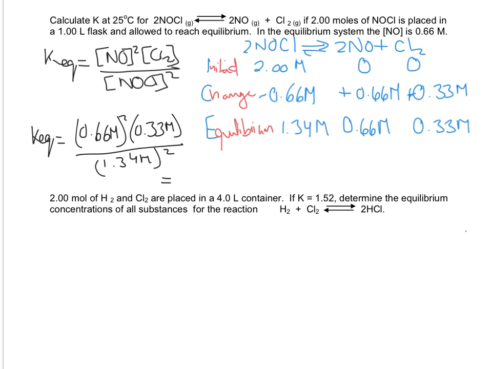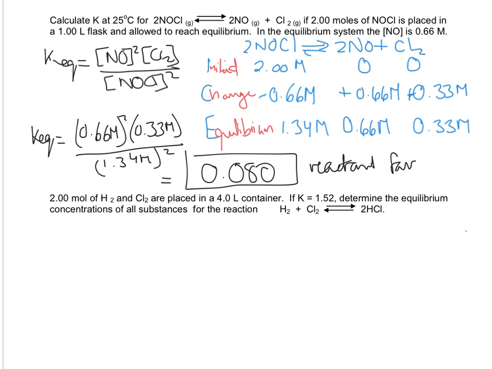That ends up being 0.080 is our answer. And again, we don't care about the units for Keq. This number is less than 1, so that tells us that this reaction is reactant favored. That means there are more reactants at equilibrium than there are products.